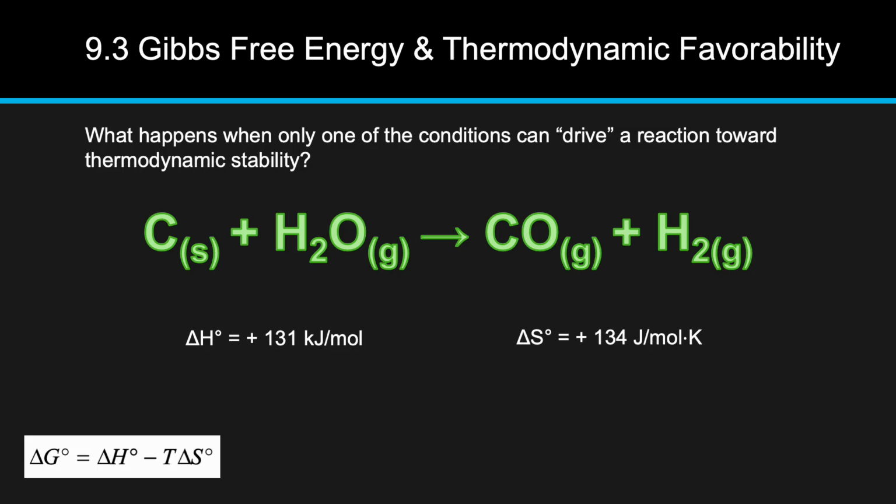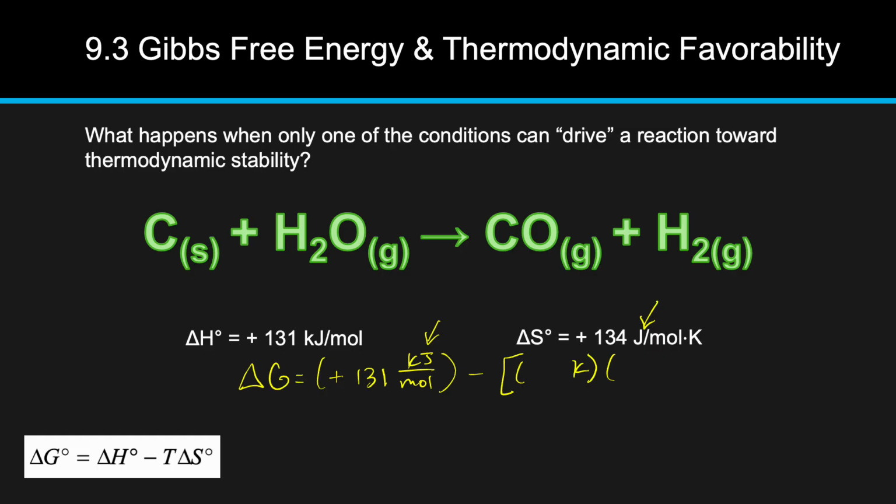So starting with our equation, delta G is equal to delta H, which we know is positive 131 kilojoules per mole. Then we're going to subtract our temperature, which right now we don't know. That's going to be in Kelvin, times our delta S. But notice delta H is in kilojoules per mole and delta S is in joules per mole times Kelvin.